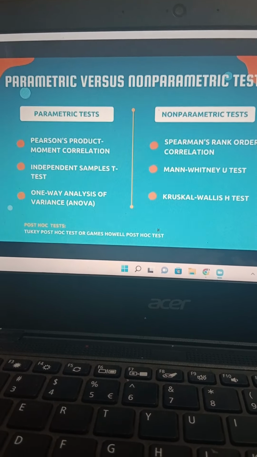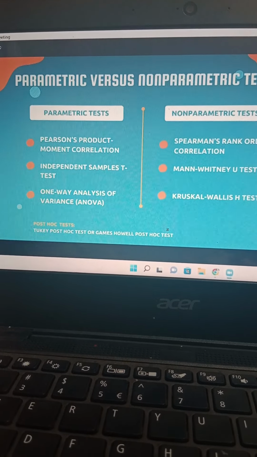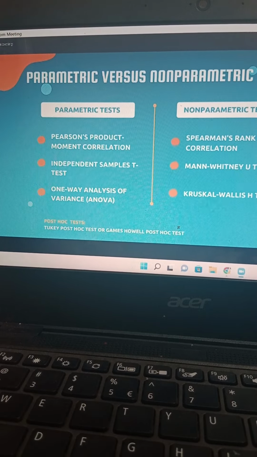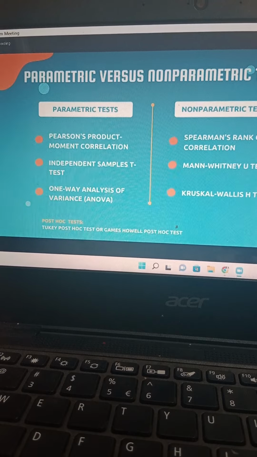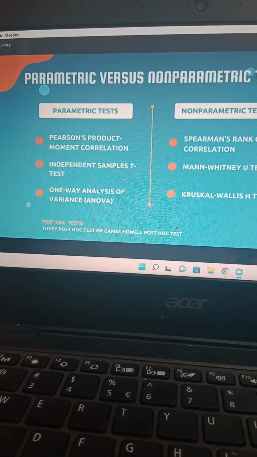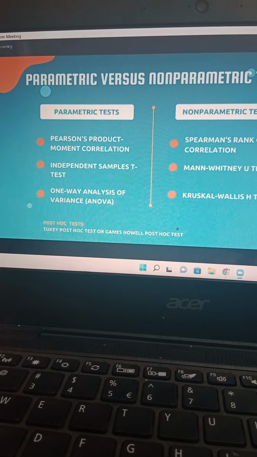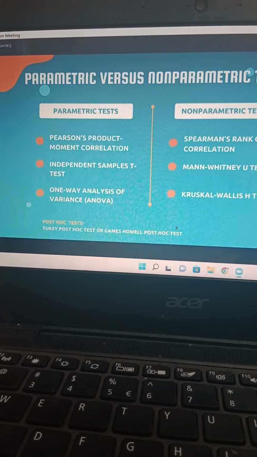In statistics, we decide on the tools that are most appropriate to our study, but we also try to navigate more towards parametric tests because they hold more statistical power than non-parametric tests. Yesterday we discussed and learned about normal distribution data, right?